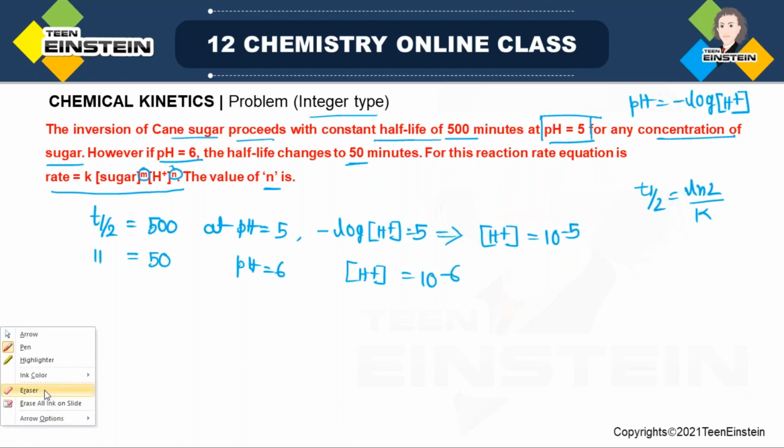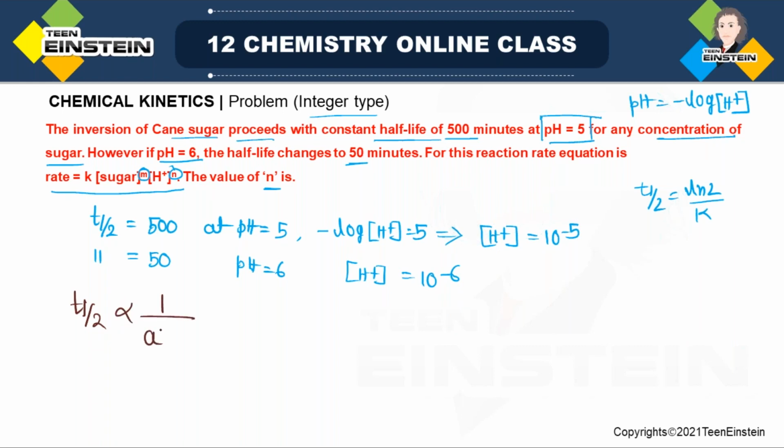Now remember the first slide of today's class where we have seen T half for nth order reaction. Suppose you do not know the order of the reaction. So T half is proportional to 1 divided by A to the power n minus 1. Here H plus is one of the reactants, that is the starting material you can consider, because it is acting as a catalyst.